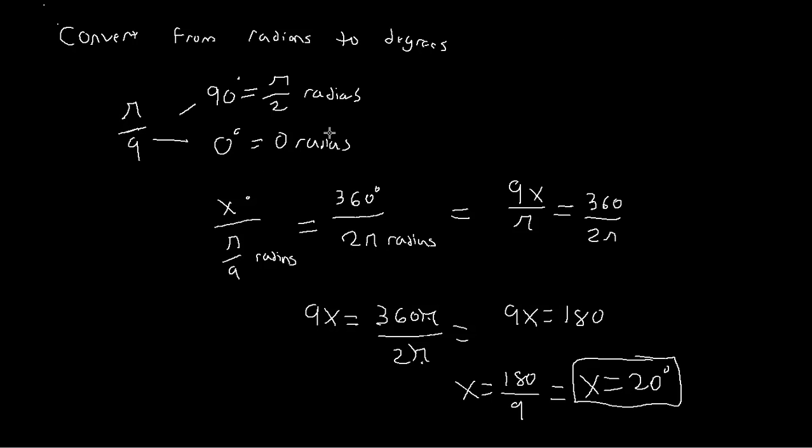Okay, so let's go ahead and look at another example. Let's look at the example 5 pi over 4. So where would we expect 5 pi over 4 to go? Well, we have to think about what it's bounded by. We know that 180 degrees is equal to pi.